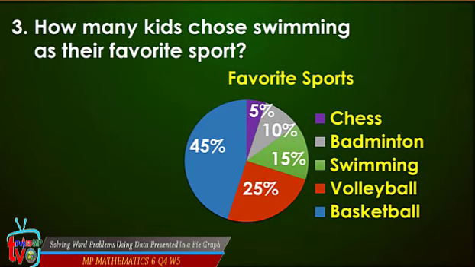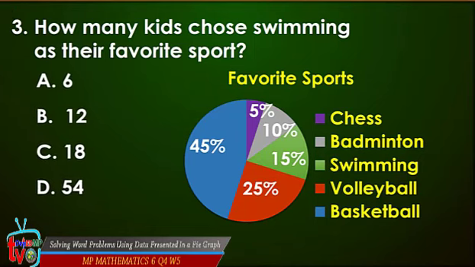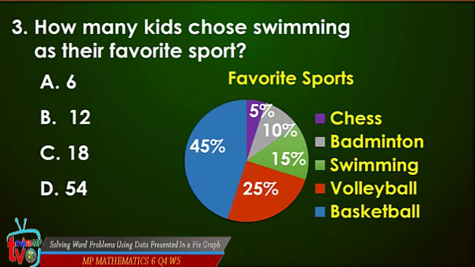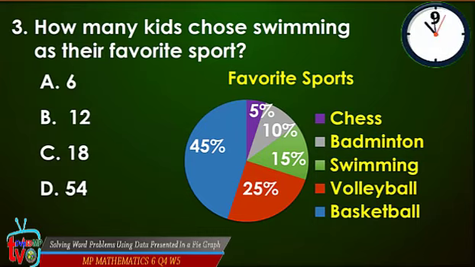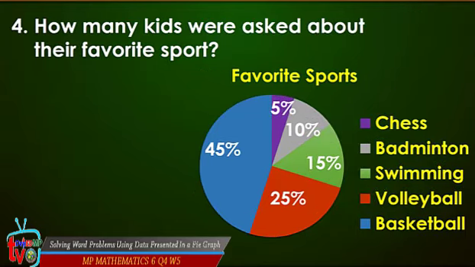Number 3. How many kids choose swimming as their favorite sport? A. 6, B. 12, C. 18, D. 54. Number 4. How many kids were asked about their favorite sport?